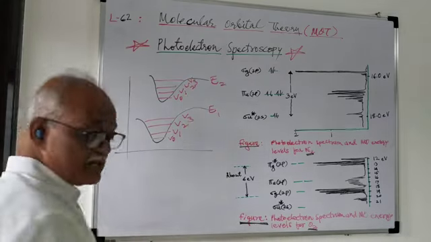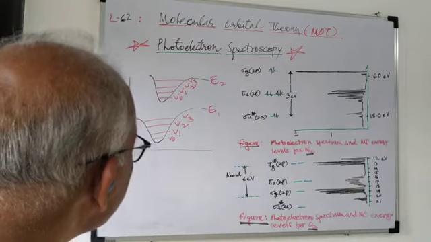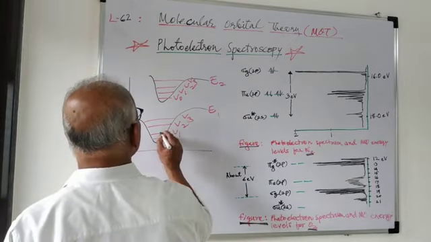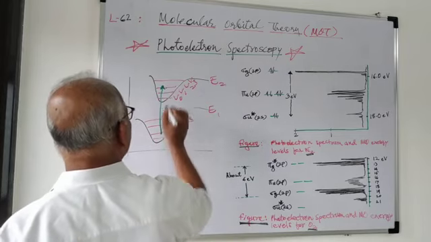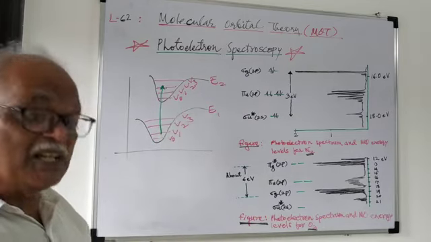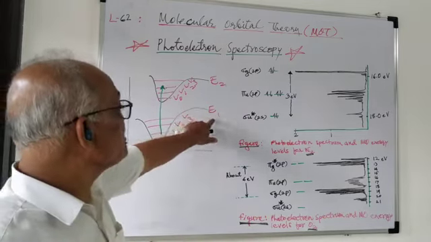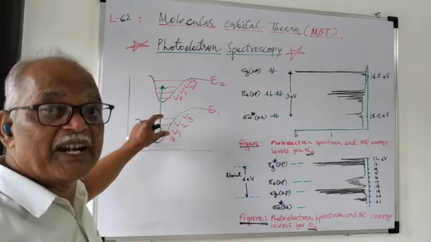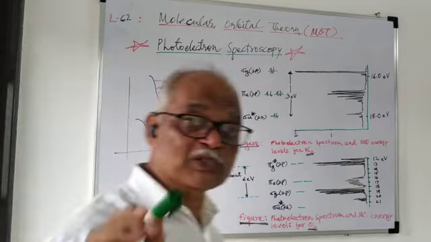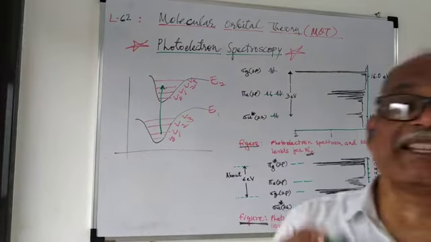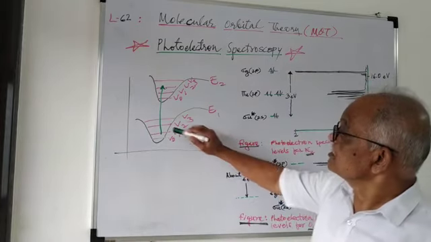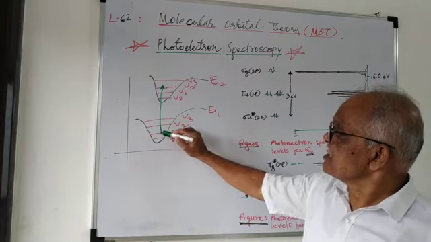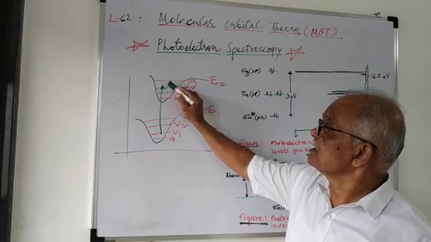So when an electron is moving from one electronic energy level to another, the E1 to E2 transition involves various vibrational transitions also. So every electronic transition involves vibrational transitions. Here you will find that there are various vibrational levels also.